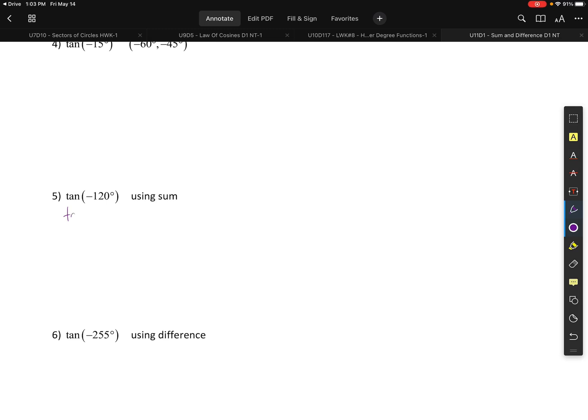So I'm going to go with tan of negative 60 plus negative 60. That sets me up as tan negative 60 plus tan negative 60 over 1 minus tan negative 60 tan negative 60. That gives me negative rad 3 plus negative rad 3 over 1 minus negative rad 3 times negative rad 3.